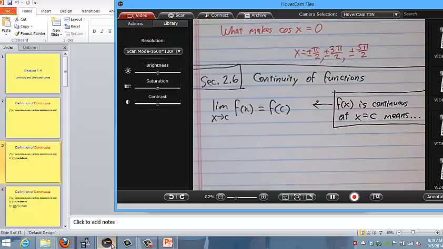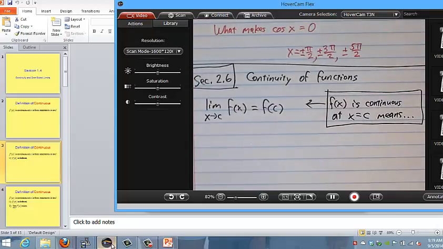F of x is continuous at x equals C means, there it is. Limit as x approaches C of f of x equals f of C.